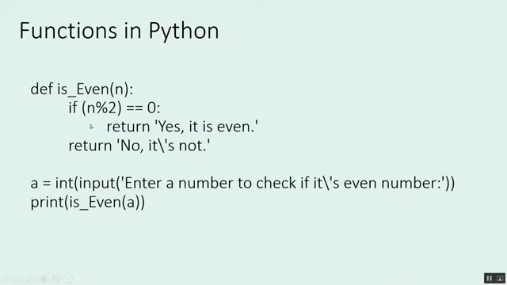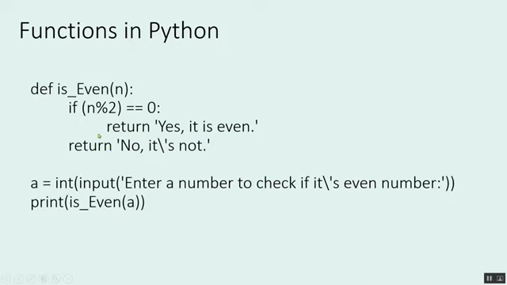So it's like a shortcut method. Now if this condition is true, it would already return the string yes it is even, ignoring the next instruction. Once we return, it will not proceed to the next line.